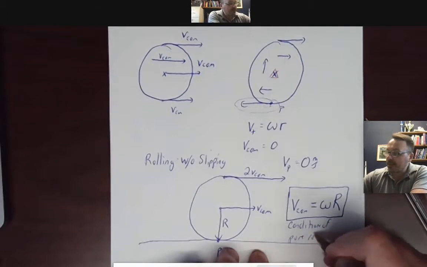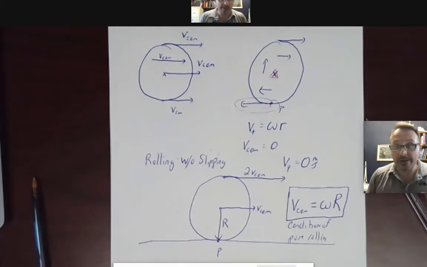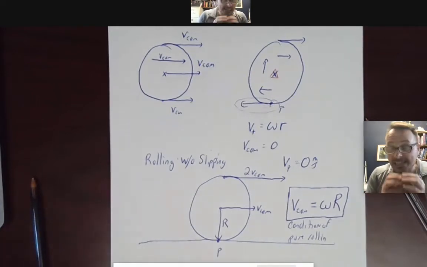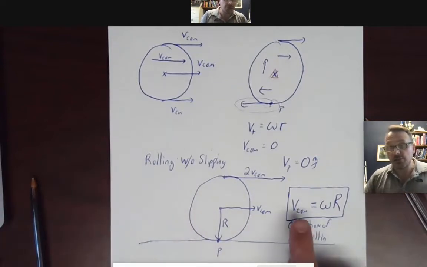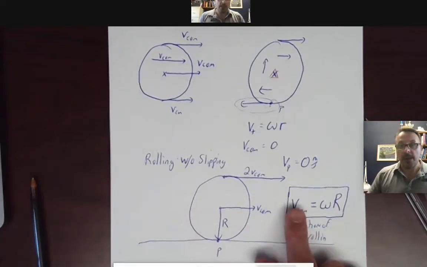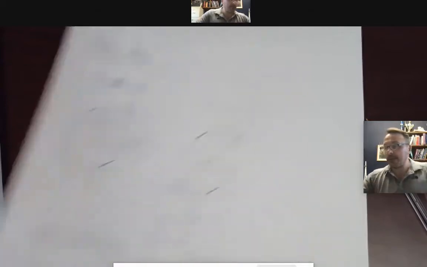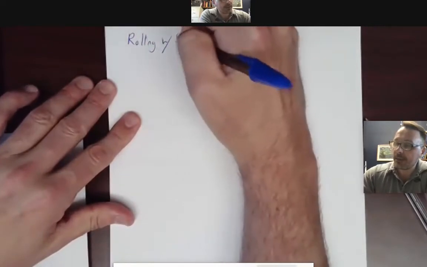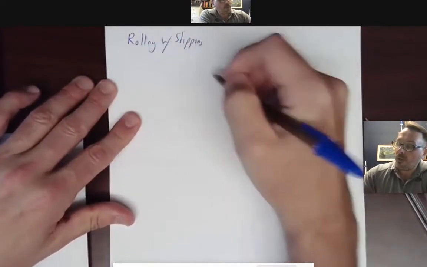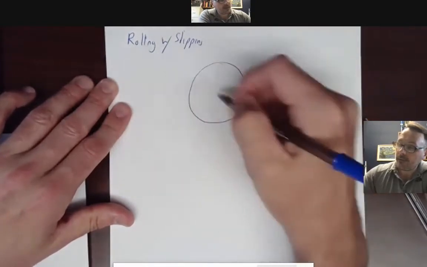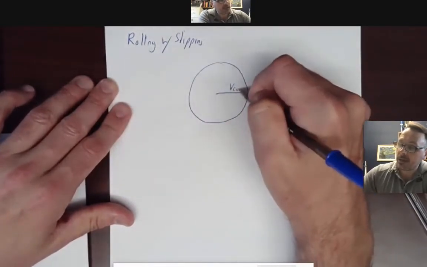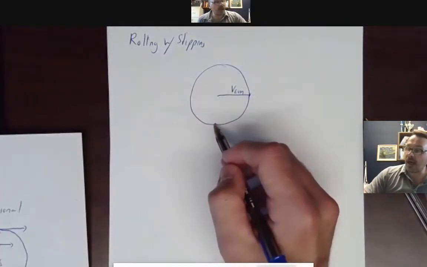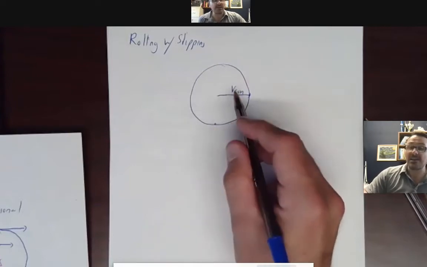So if something is in pure rolling, the important idea here is that the rotational motion, omega, is necessarily linked to its translational motion, VCOM. If something is rolling with slipping, and this is super important, that would mean that VCOM is some amount, but the tangential velocity of this point due to the rotation doesn't match this.